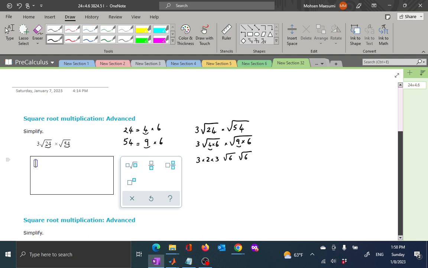Well, multiply 2 square roots of the same number, you just get that number coming out, so it becomes 6. 3 times 2 times 3 times 6. So you multiply 6, 18, and then 6.